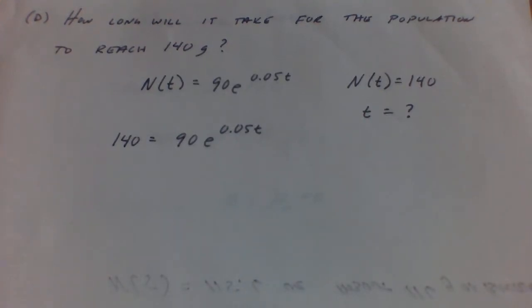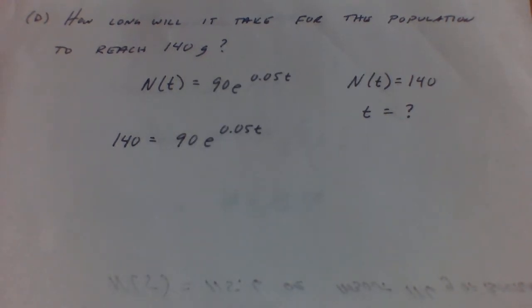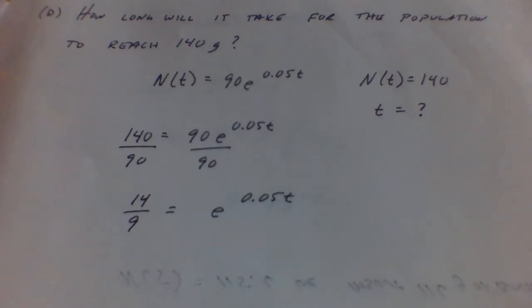Now that we have our equation set up, let's go ahead and talk about how to solve for t. We want to get the variable t all by itself on one side. In order to do so, we're going to have to divide both sides by 90. I reduced my fraction on the left-hand side, but I still left it in fraction form.